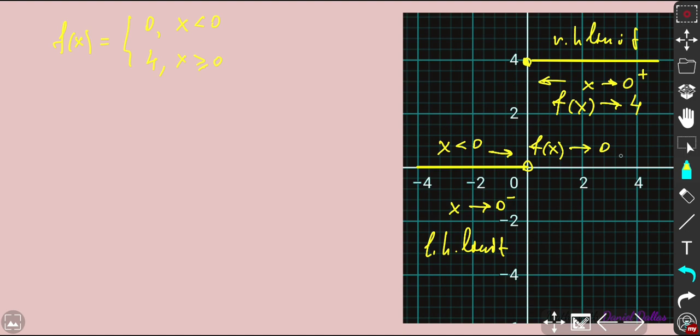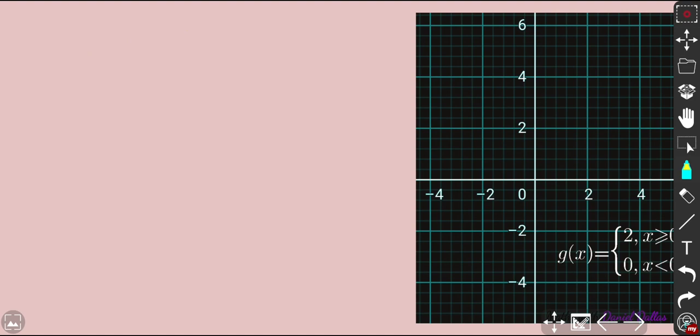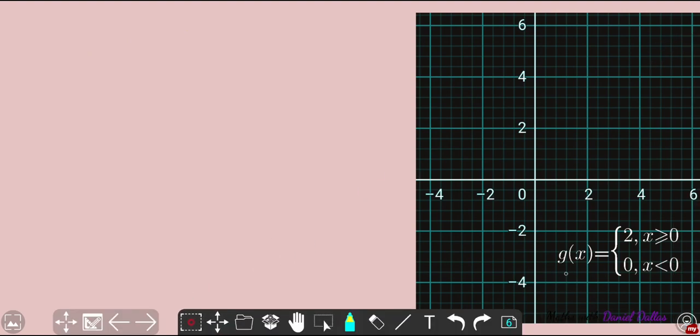So I hope these clear examples show you the idea that our function g(x) is pretty much the same. We have g equals 2 for x more than or equal to 0. And 2 is not a hole point, it's a filled-in point, that's 2.